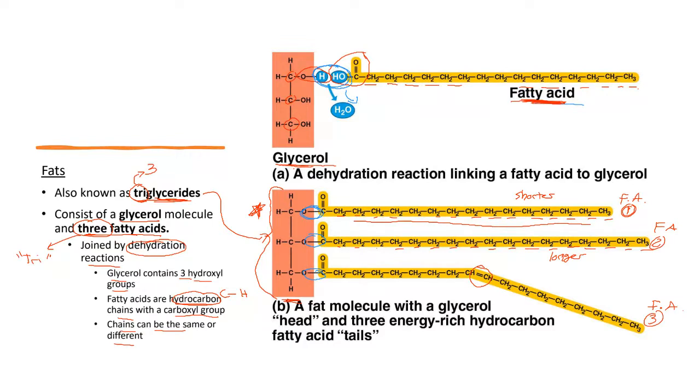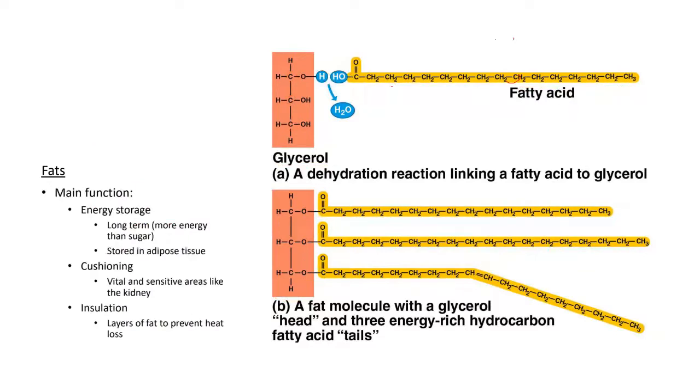It's going to have this position. See, the point, ladies and gentlemen, is the triglyceride can have three fatty acids that all look like this one, or it can have different fatty acids. Like in this example, you have one that is shorter, one that is longer, and one that has a little kink because it has a double bond.